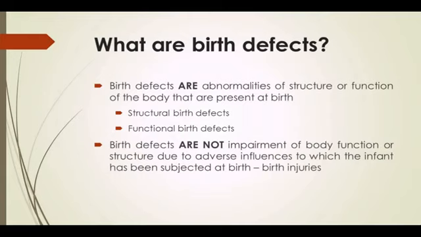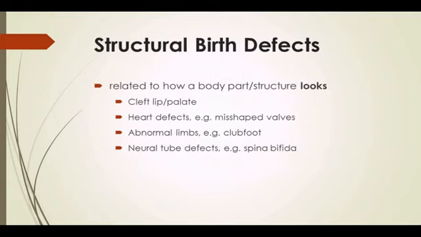So let's continue. Structural birth defects are related to how a body part or structure looks. For example, the following types of defects are in this category: cleft lip, cleft palate, heart defects related to misshaped valves, or abnormal limbs, like club foot.